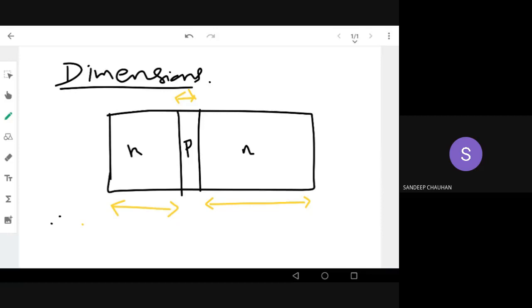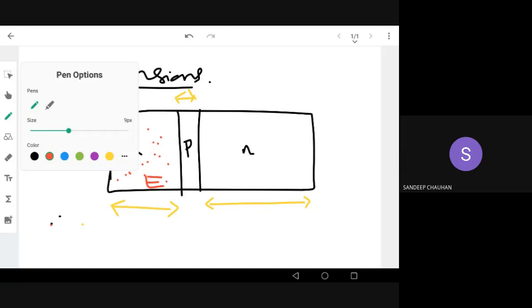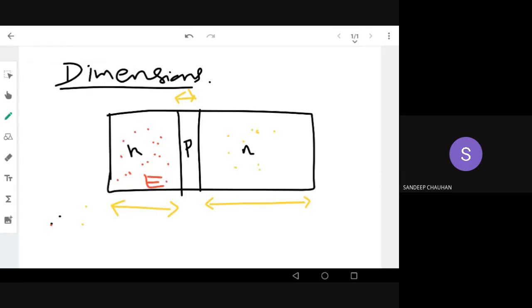Now what about the doping concentration? According to doping, we have the maximum doping concentration, or maximum doping is done, on the emitter region E, right? Then the collector concentration is less than emitter concentration. That collector region will be lightly doped.